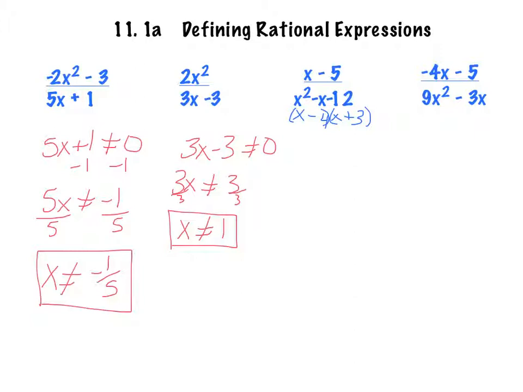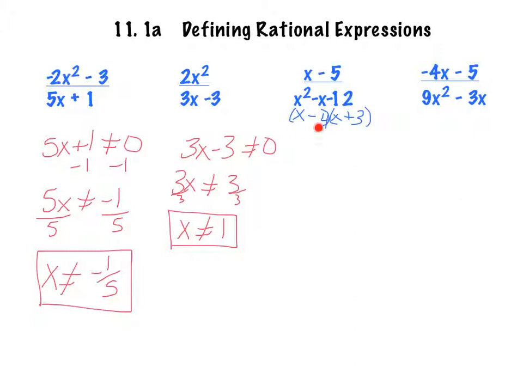Okay, so I want to make sure that this x minus 4 does not end up being 0, because then I'd have 0 times something, and that'd be 0. And I'd want to make sure that this x plus 3 does not end up being 0, because then I'd have 0 times something, and that would get 0. So this would be one of those ones that maybe you can just look at it and do it in your head.